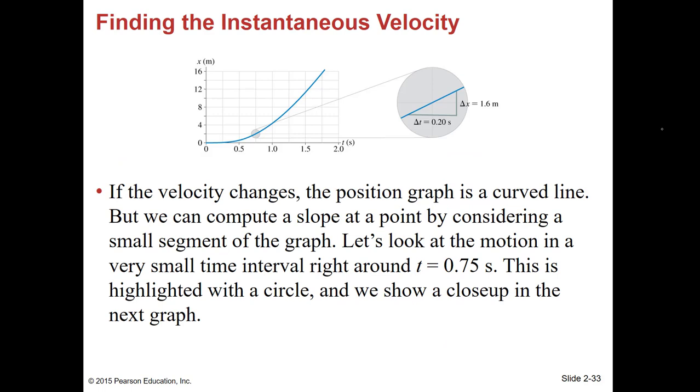So here's a blown up picture of what you saw on the previous slide. If the velocity changes, the position graph is a curved line, and that's what we see here. This is not a nice straight linear function, but that's okay. We could get the slope of the tangent line at a point. So let's look around, as it says here, about 0.75 seconds and see what we could figure out.